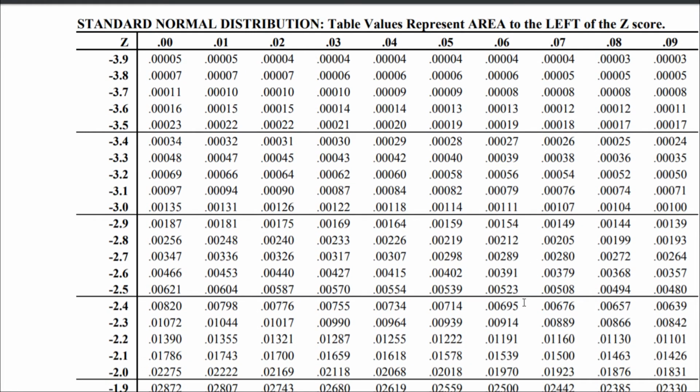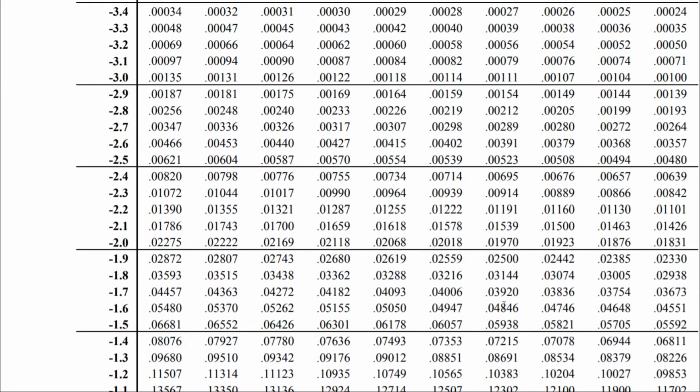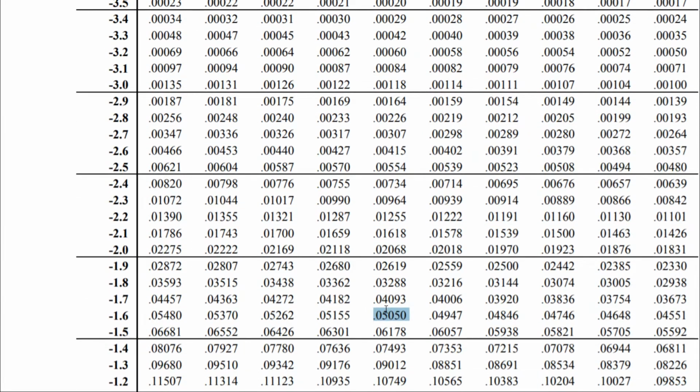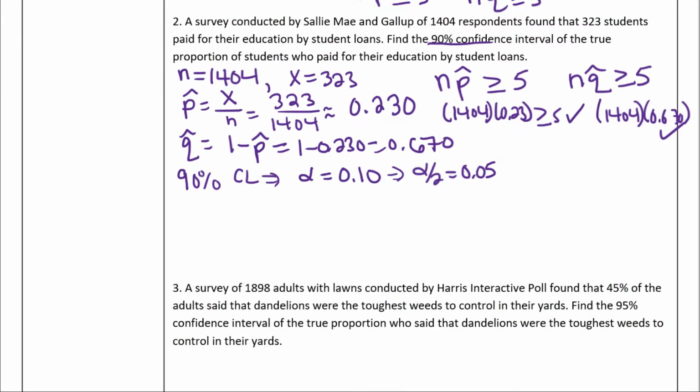You're going to look up 0.05 on here, and this seems to be the closest number. So we'll choose 1.64 for our z-score. So our critical value, z alpha over 2, is 1.64.